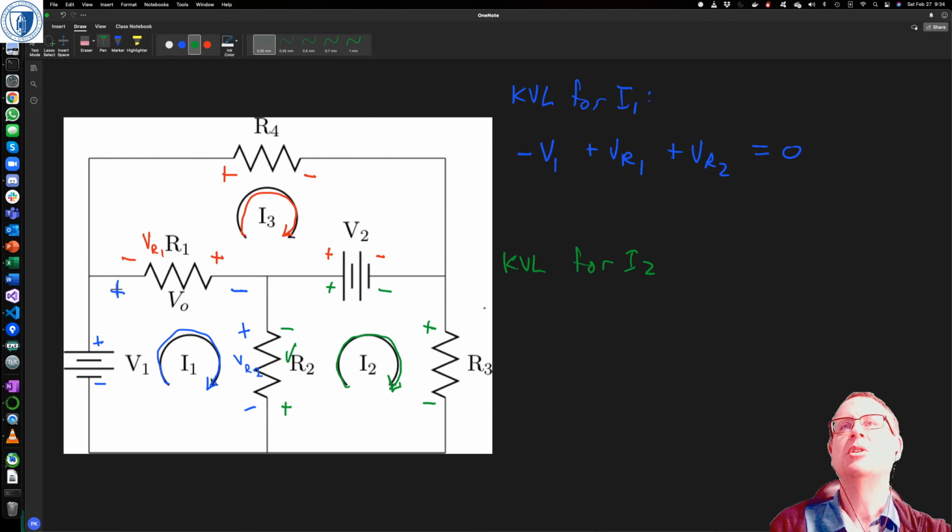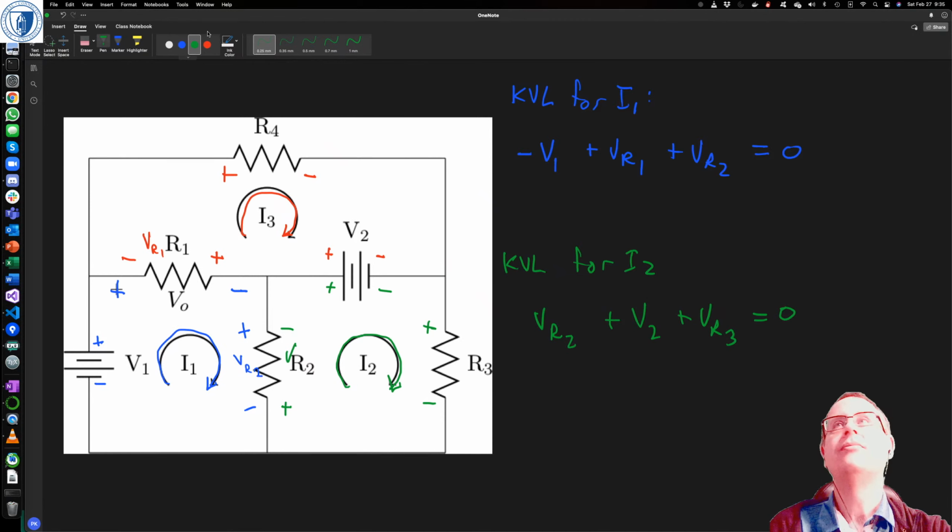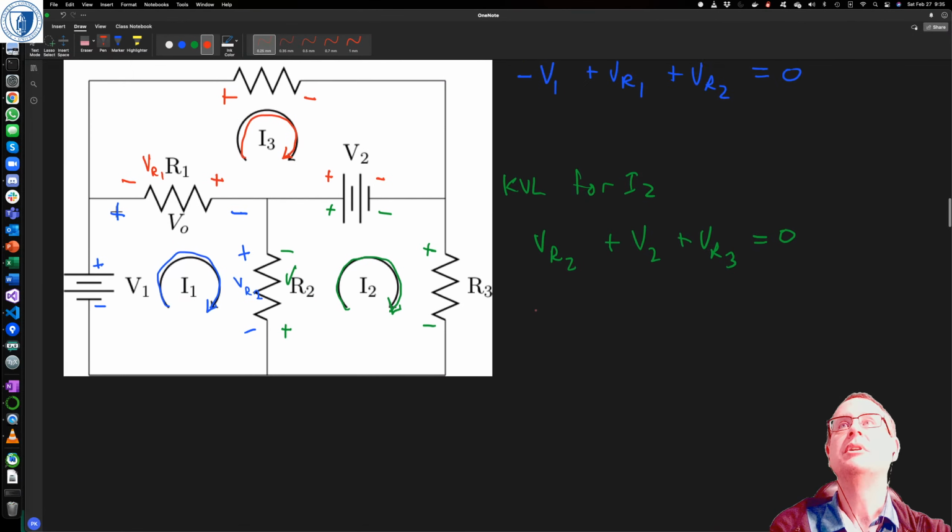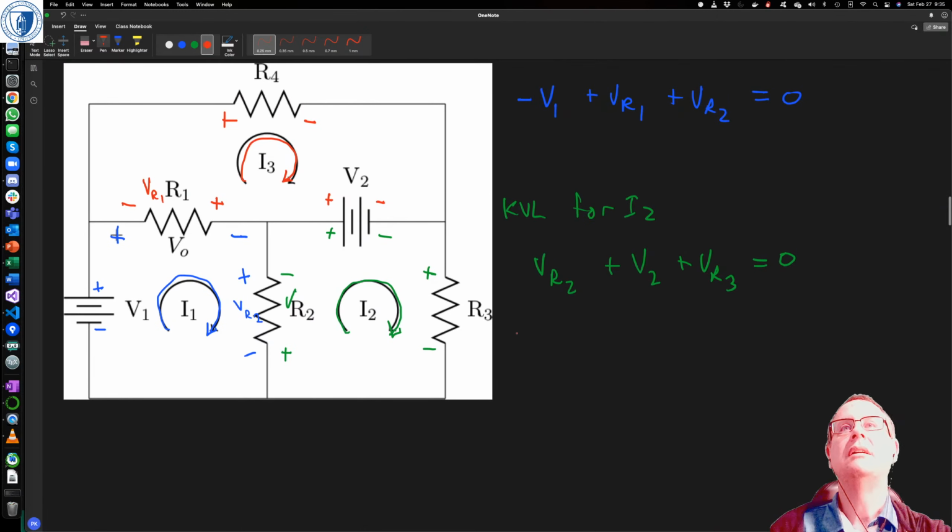Well, that's going to be plus VR2 plus V2 plus VR3 equals 0. And then let's just scoot up a bit, not too much. And then KVL for, let's just give ourselves a little bit more room.